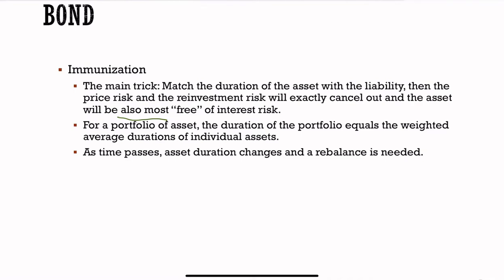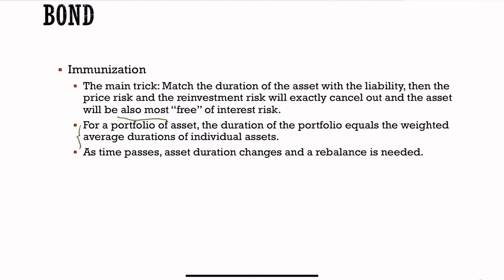There are two comments here. First, for a portfolio of assets, the duration of the portfolio equals the weighted average of the durations of individual assets, right? You have seen this in your lecture note problem. I can't remember it exactly, but basically we discussed a pension fund, and this pension fund tried to use immunization to manage interest rate risk.